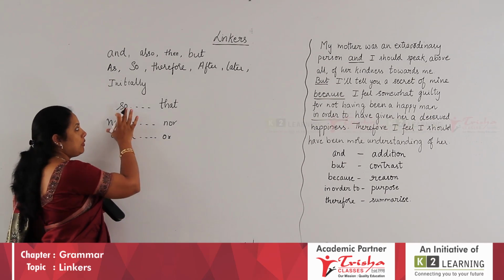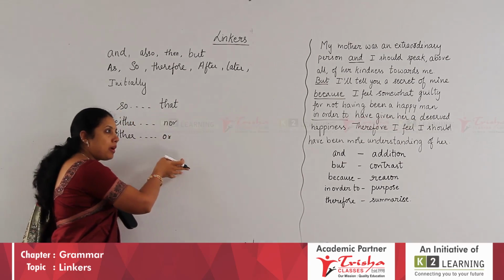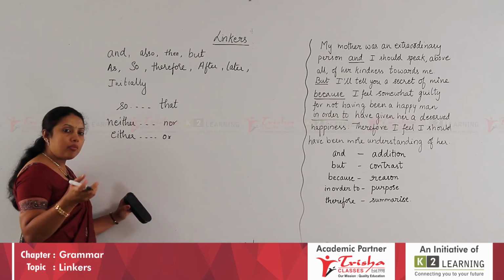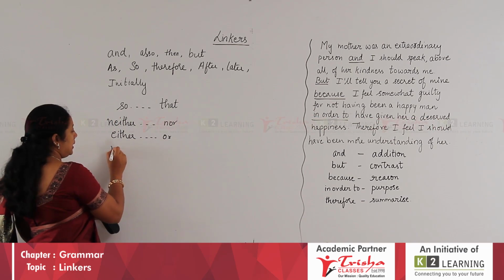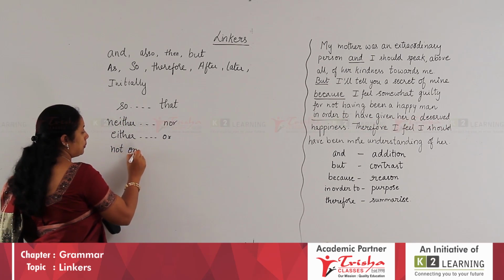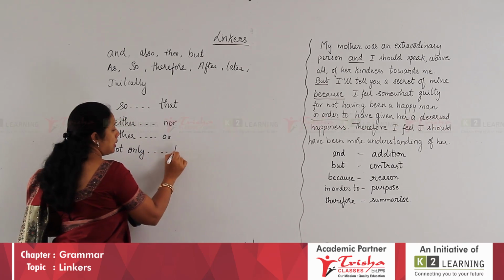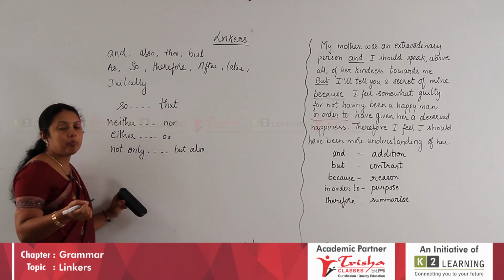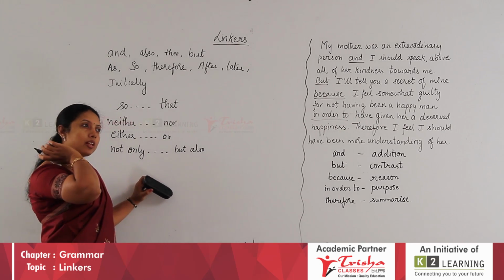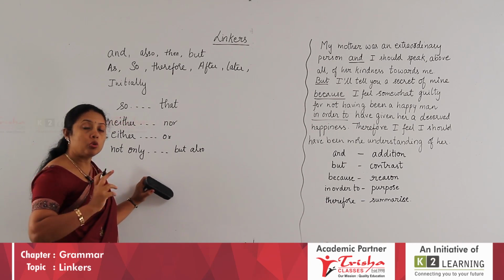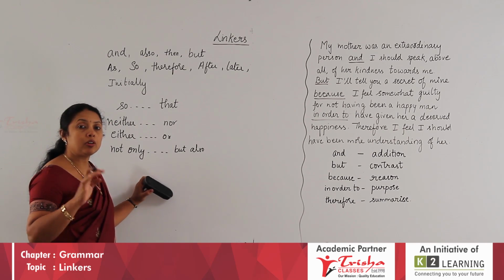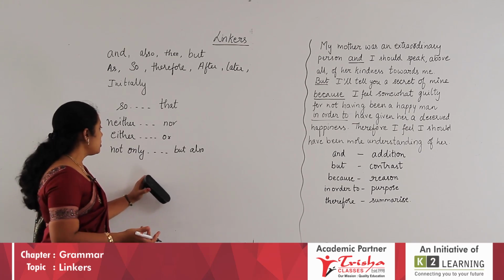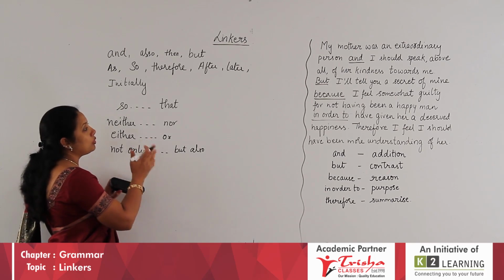In a sentence, whenever I use the first part, it is mandatory that I use the second part and complete the sentence. We have another beautiful one, like not only, but also. For example, the linkers not only join the sentences but also enhance the beauty of the language. So not only and but also is one of those linkers.